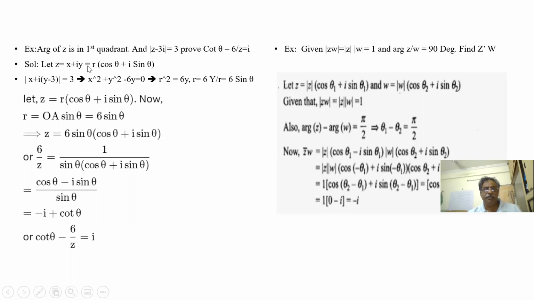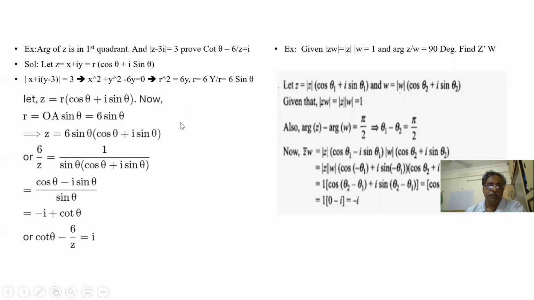When I substitute the r value 6 sin theta into cos theta + i sin theta, 6 by Z comes here, so 1 by sin theta and cos theta. When I put the conjugate of this, cos theta - i sin theta by sin theta, that is cot theta - i. So this cot theta goes to the other side: cot theta - 6/Z is equal to i.